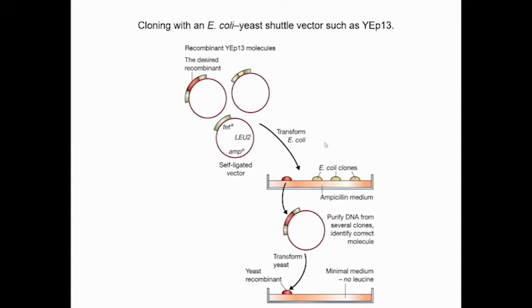So when you transform this into a bacteria cell, and in the presence of ampicillin, only the bacteria cell that carries the vector will be able to survive, all right. So you see all these colonies in the media, and then you purify the DNA from different colonies, right?